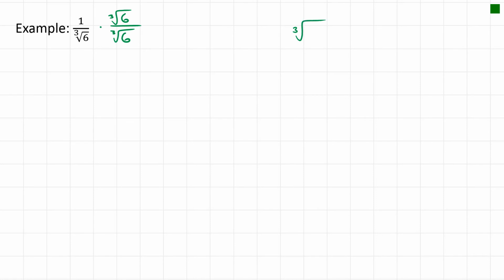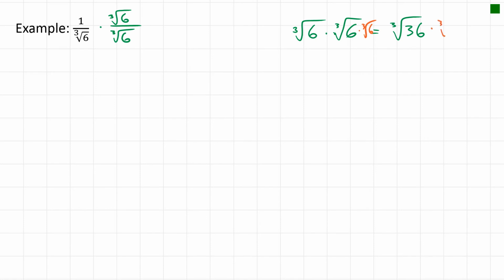The cubed root of 6 times the cubed root of 6 is equal to the cubed root of 36. And 36 isn't a perfect cube, it's a perfect square. So I actually need to multiply this by another cubed root of 6.